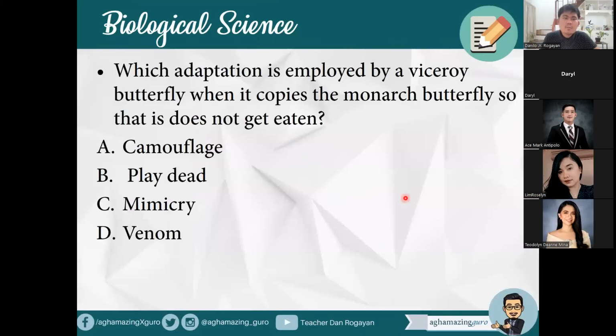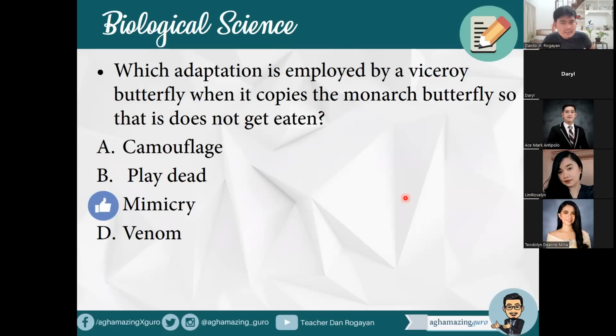Okay, next, which adaptation is employed by a viceroy butterfly when it copies the monarch butterfly so that it does not get eaten? A, camouflage. B, play dead. C, mimicry. D, viceroy. All right, so that's part of mimicry.